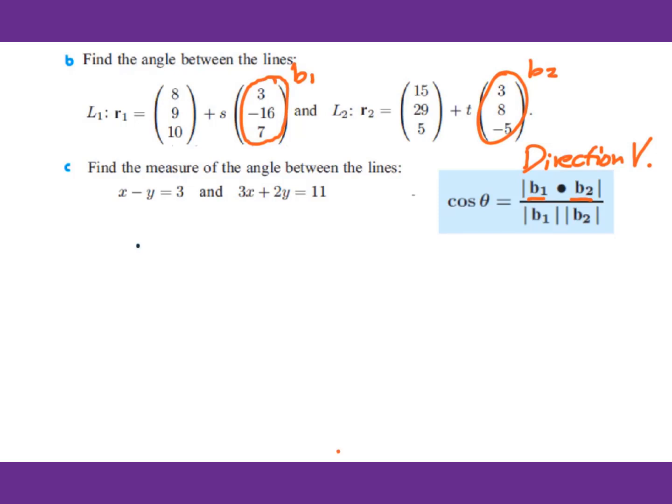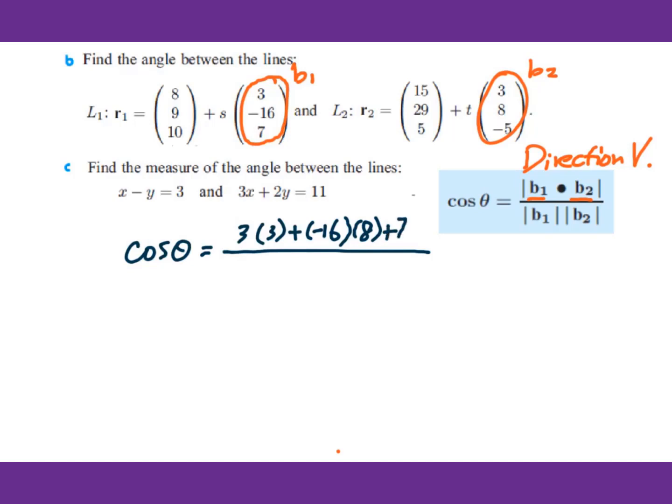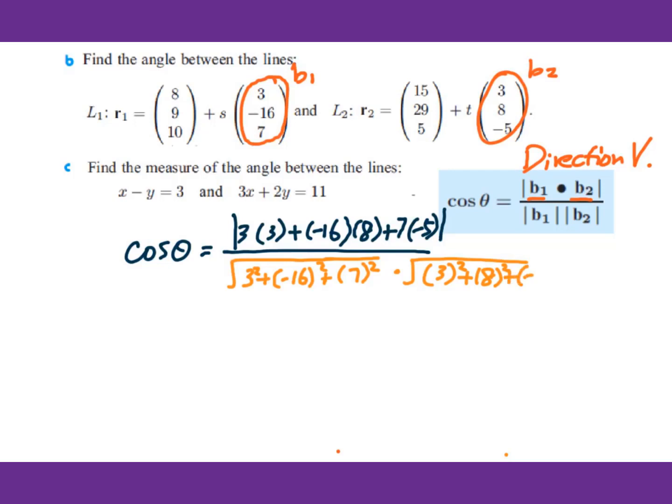Now we plug into this formula, cosine theta equals the absolute value of B1 dot B2, that's 3 times 3 plus negative 16 times 8 plus 7 times negative 5. Then we do the magnitude of B1, that is the square root of 3 squared plus negative 16 squared plus 7 squared, times the square root of 3 squared plus 8 squared plus negative 5 squared.